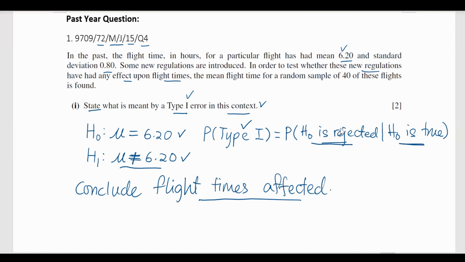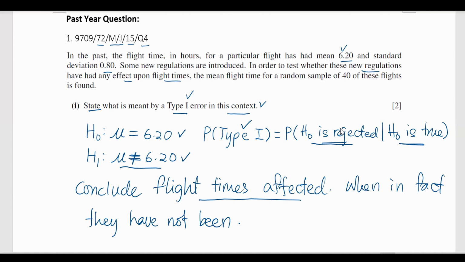So towards the end, the H null is true, when in fact there have not been any effects. We say that the flight time is affected, but actually the flight times are not affected. So that is what is meant by the type 1 error in this context.